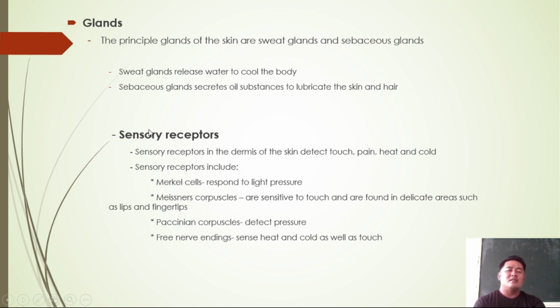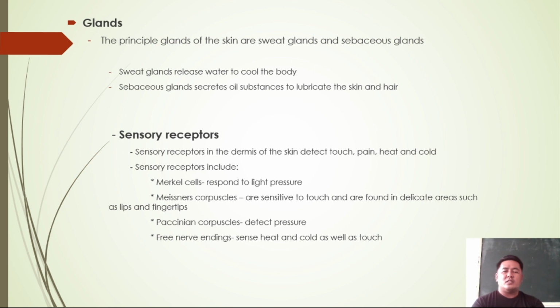The next is sensory receptors, the receptors of the skin, because the skin can feel, right? These are the sensory receptors in the dermis of the skin. The dermis lies under the epidermis.